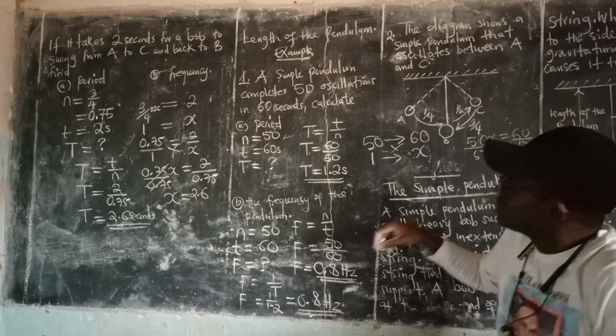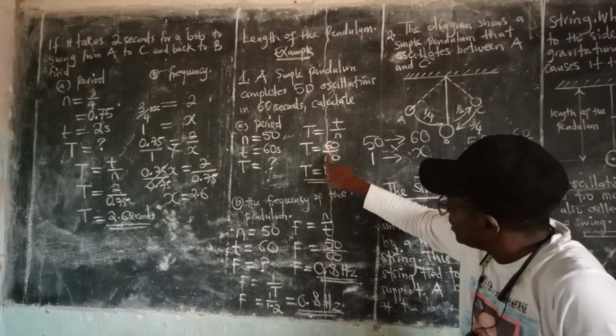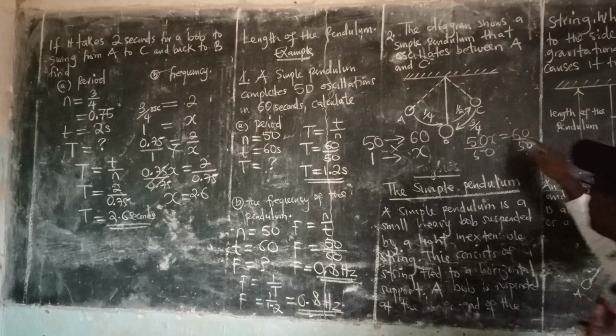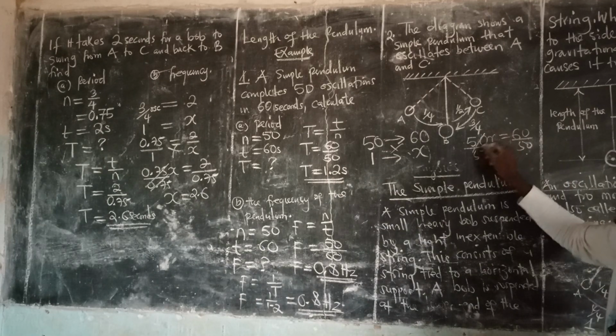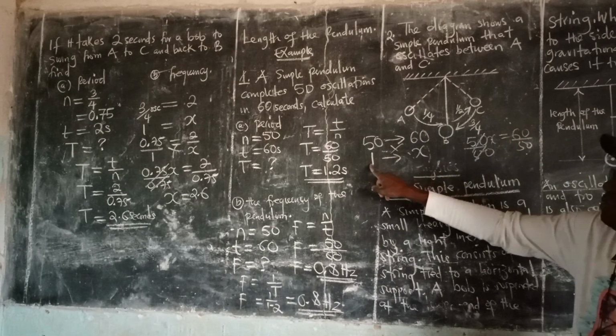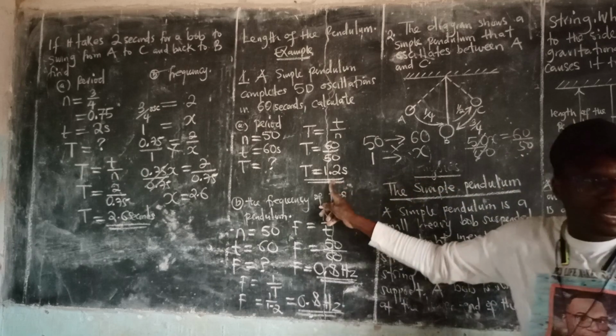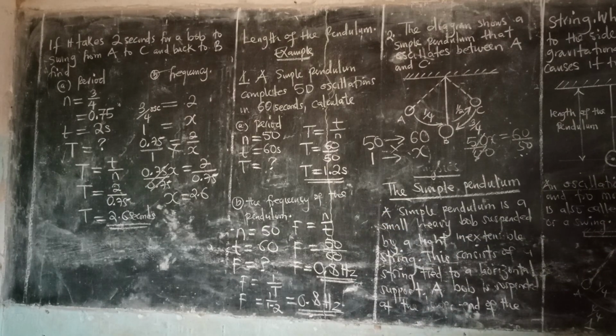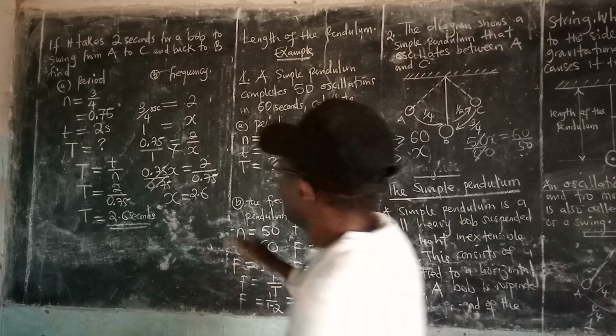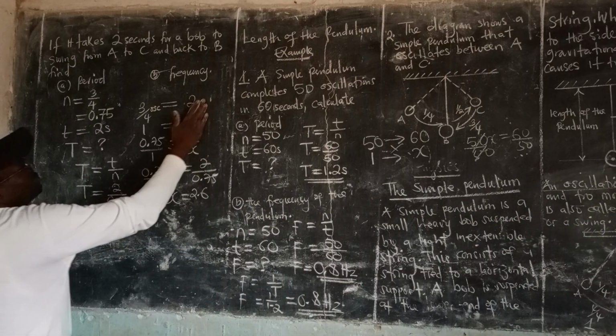Divided by 50. So 60 over 50, and the X here represents the period for 1. So what you get here is the same as here. You can still use that method. There's no problem.